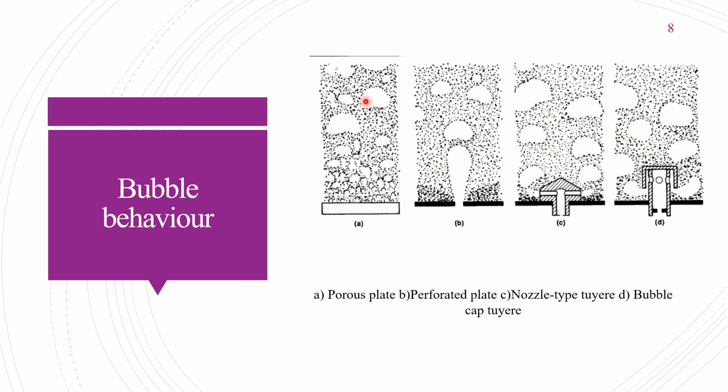Depending on the gas entry region, the bubble behavior would be different. For example, this is a porous plate distributor. As you can see, the bubbles start forming in a smaller size near the distributor plate, and they keep on growing outwards from the bottom distributor plate.